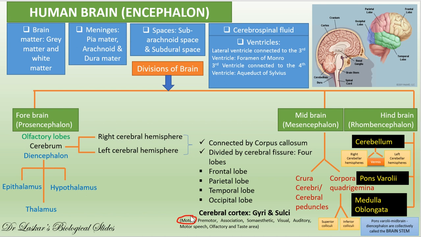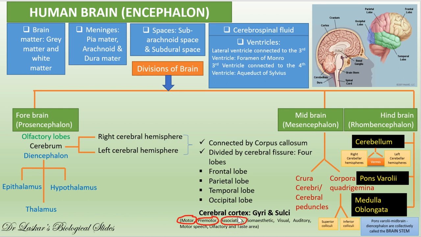motor area, which is present in the frontal lobe. It controls the voluntary movements of muscles. Premotor area is also present in the frontal lobe. It is the highest center for involuntary movements of the muscles for the autonomic neural system.